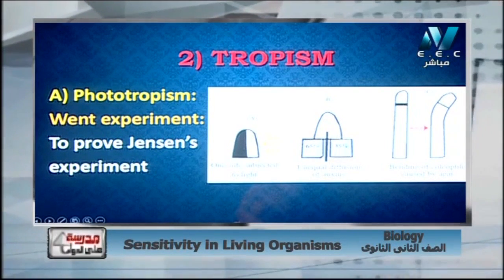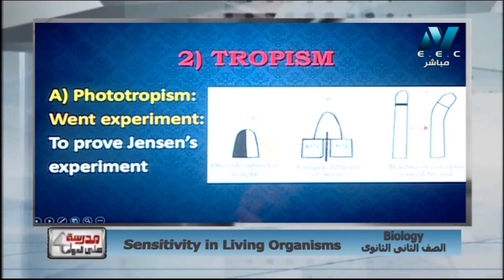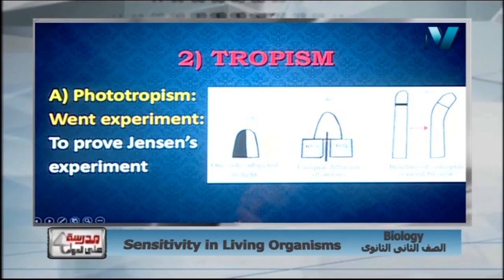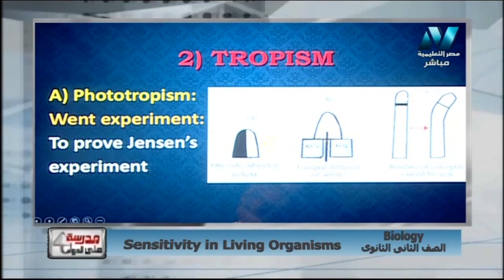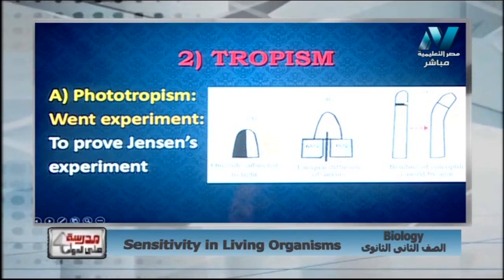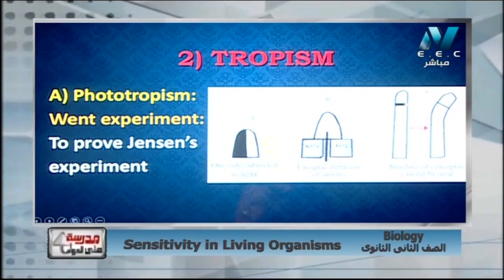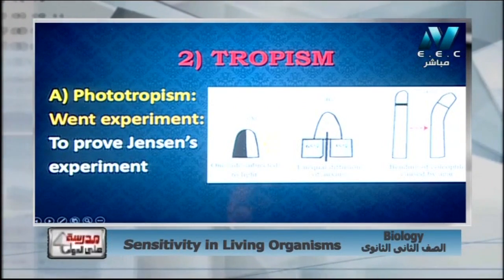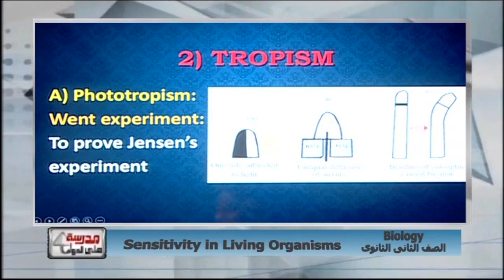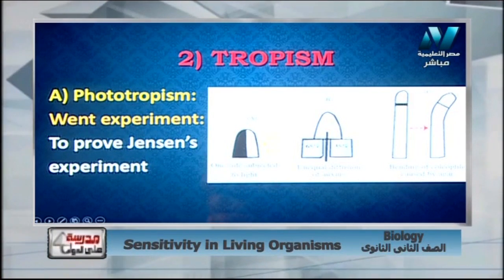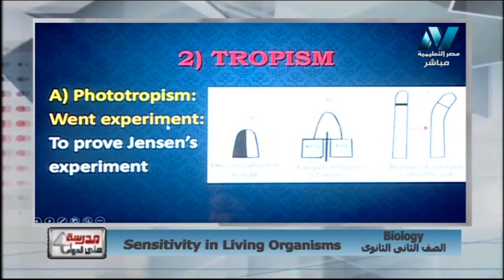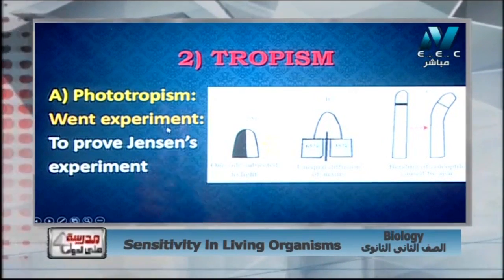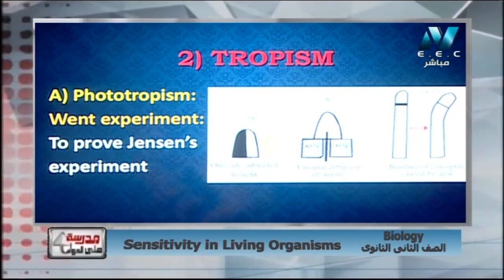When he placed these 2 blocks of agar with different concentrations on the decapitated coleoptile, he found that the coleoptile bends towards light. So he proved what Boysen-Jensen carried out.